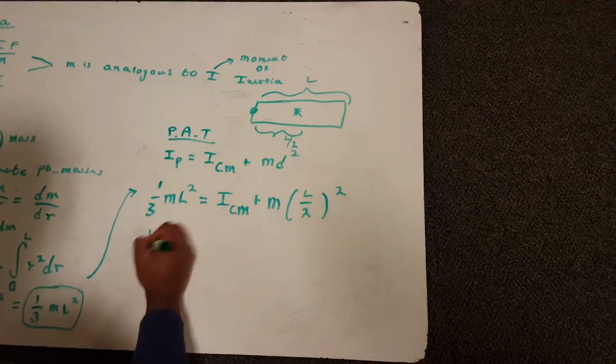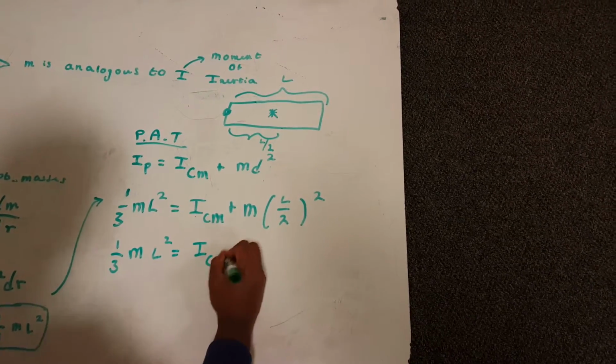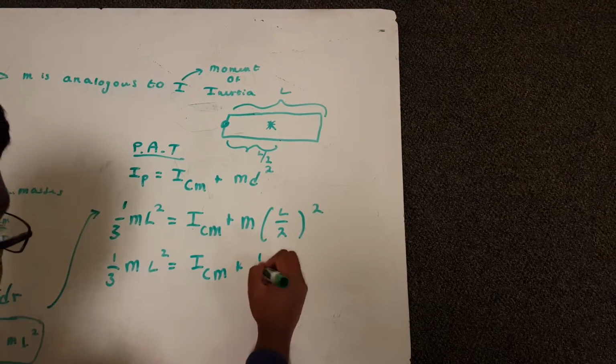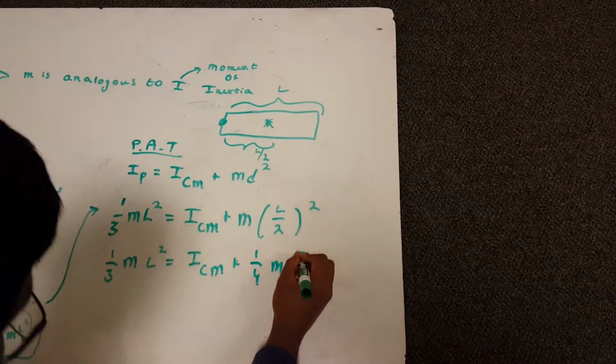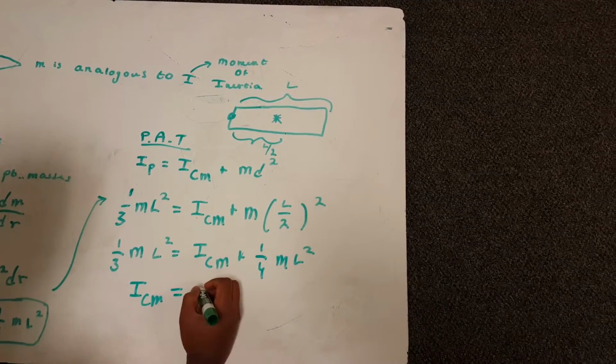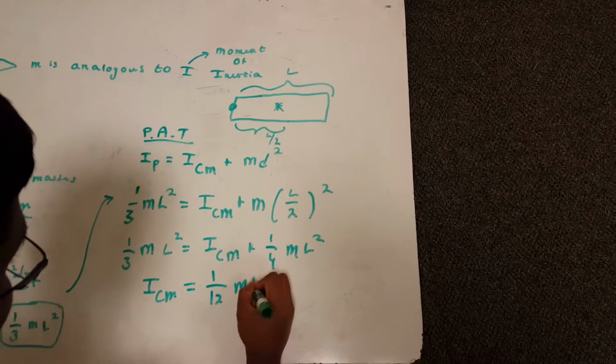Then solving, we can see that it's I_cm, the center of mass, plus 1/4 mL squared. And so we come up to the final answer that the moment of inertia at the center of mass is 1/12 mL squared.